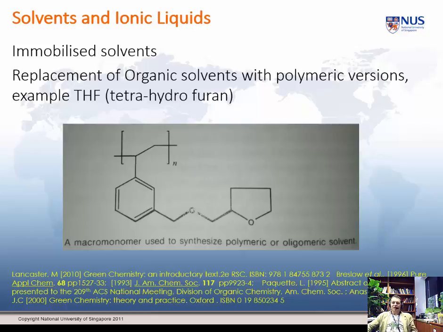So, immobilized solvents. THF, tetrahydrofuran, is a very commonly used solvent. Boiling point 65 degrees centigrade, freezing point about -17. So it's a solvent's solvent. It's volatile. It's got all of the normal problems. Well, if you use the polymeric version of tetrahydrofuran, clearly the molecular mass has increased hugely.